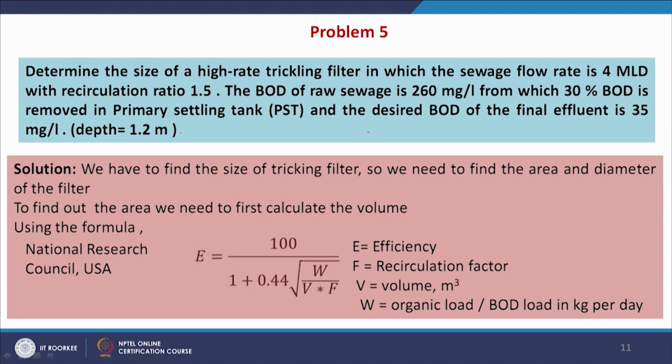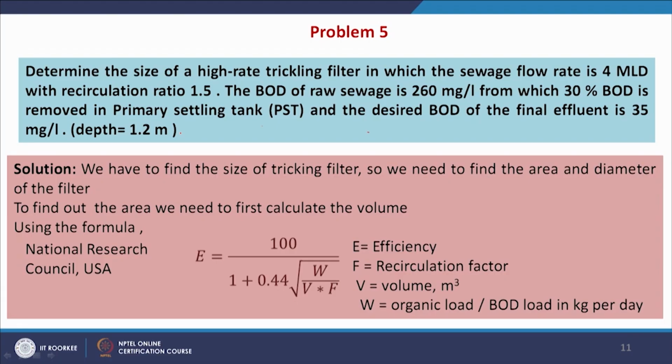So, this is again a problem related to trickling filter, and in the previous problem we used one empirical relationship. Here we are going to use another empirical relationship, because the information provided is not sufficient to use the previous one.